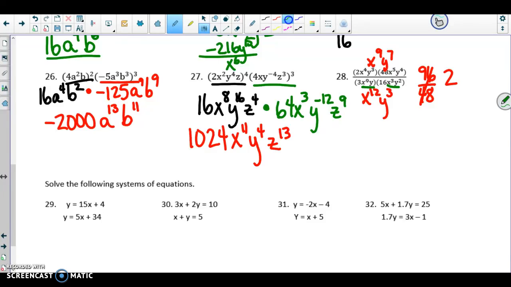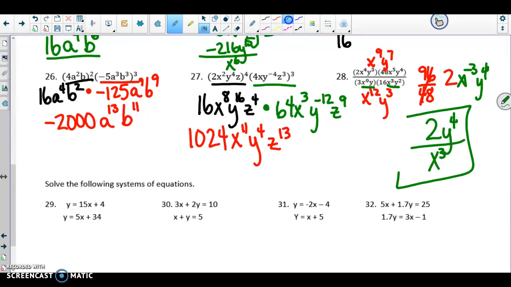So now 9 minus 12, I would end up with x to the negative 3 and y to the 4th, because 7 minus 3. Well, that x to the negative 3 makes it go down. So the 2 doesn't, it's going to stay on top. So does the y. And the x to the negative 3 just becomes x to the 3rd. So this would be my answer for that.